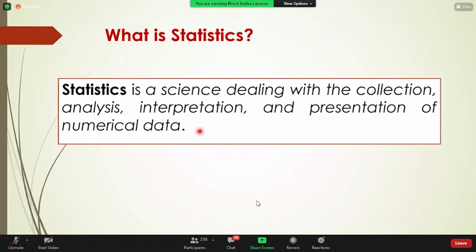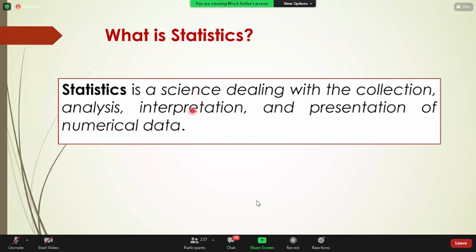That means this discipline provides the methods to collect the data, to analyze the data, to make the interpretation, and it facilitates presentation of the numerical data. So here we are looking at it as a field or discipline, right?